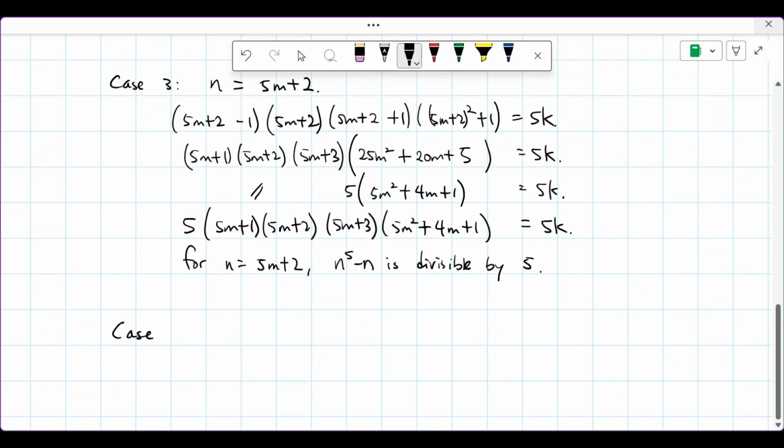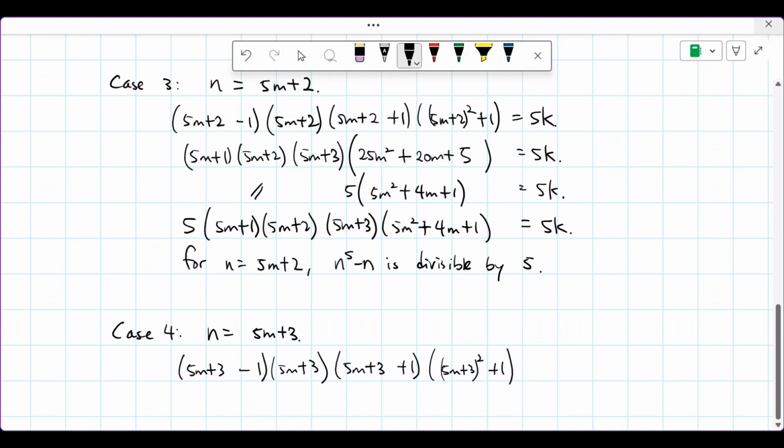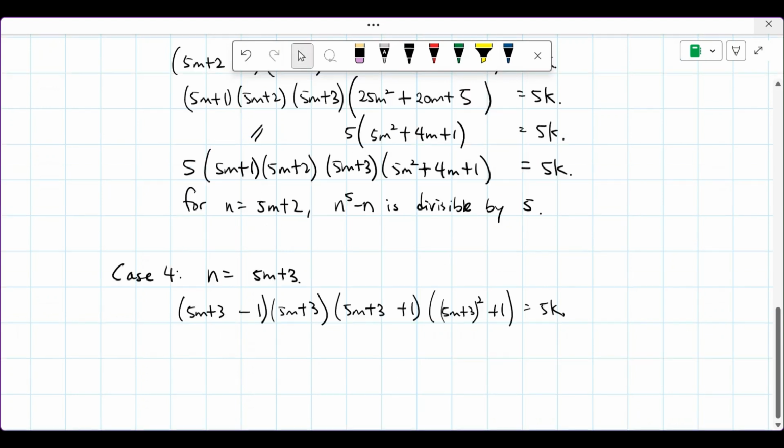So let's go. Case 4, n equals 5m plus 3. 5m plus 3 minus 1 times 5m plus 3 times 5m plus 3 plus 1 times 5m plus 3 squared plus 1 is equal to 5k.